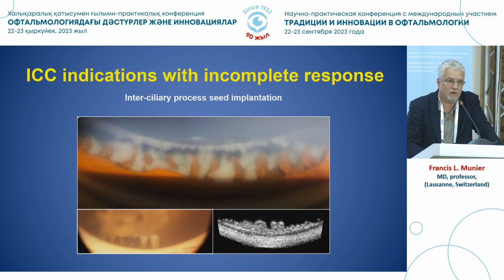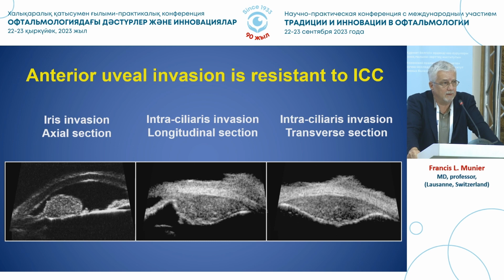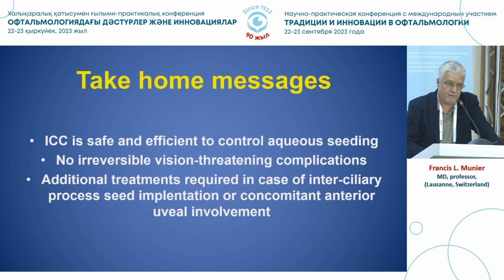Brachytherapy is required. Of course, if you have an invasion of the anterior uvea, either the iris or corpus ciliaris, the intracameral chemotherapy is not enough to treat the disease. You have to also treat the uveal involvements with a plaque.